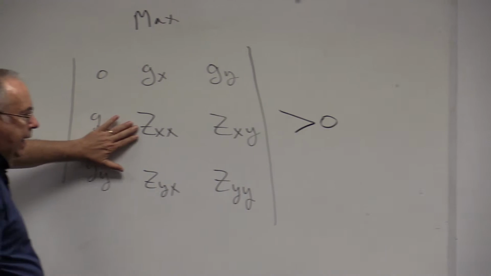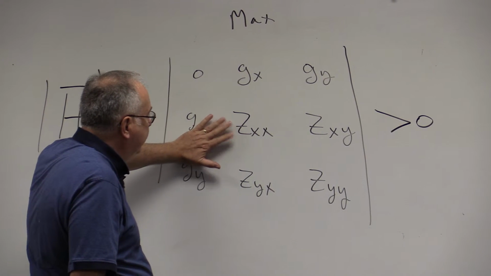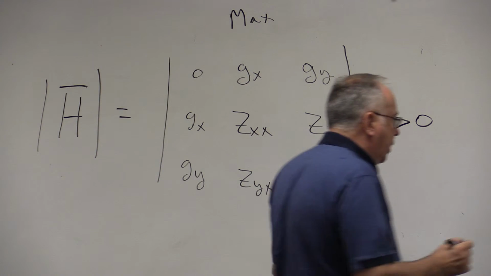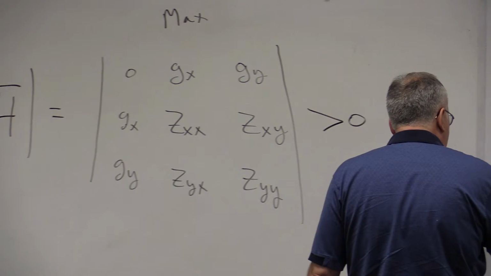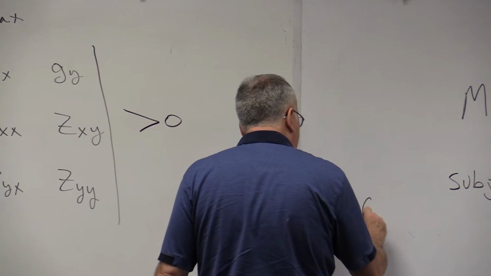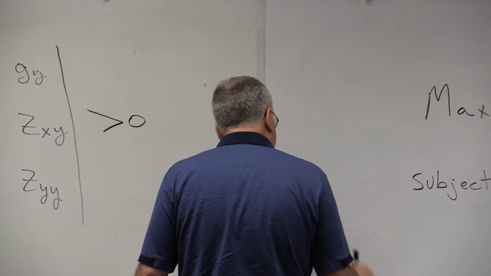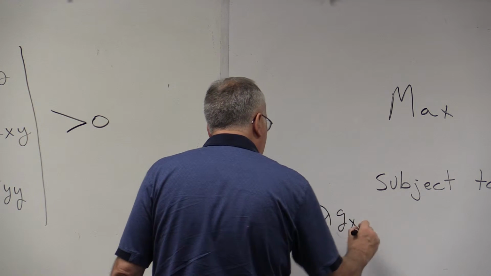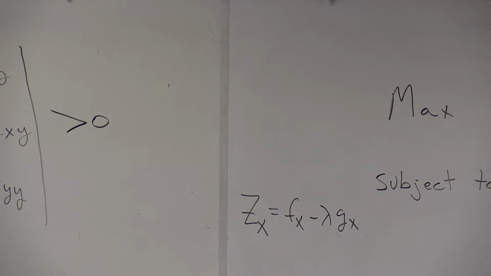Now z sub xx. Z sub x was part of your first order condition. Let me write that down again. Z sub x was just this. Just take the derivative of that with respect to x, and you get z sub xx.